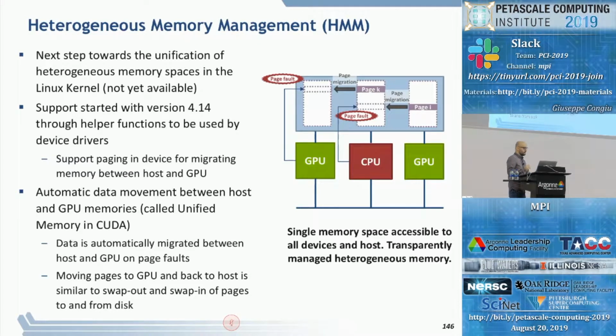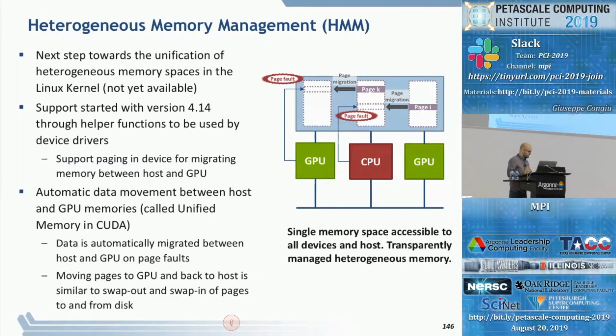And there is support in Linux version 4.14 for heterogeneous memory management through helper functions. So heterogeneous memory management basically means that a buffer allocated in the host can be used in the GPU as well as in the host interchangeably. The user doesn't have to do explicit data movement between the two different address spaces.